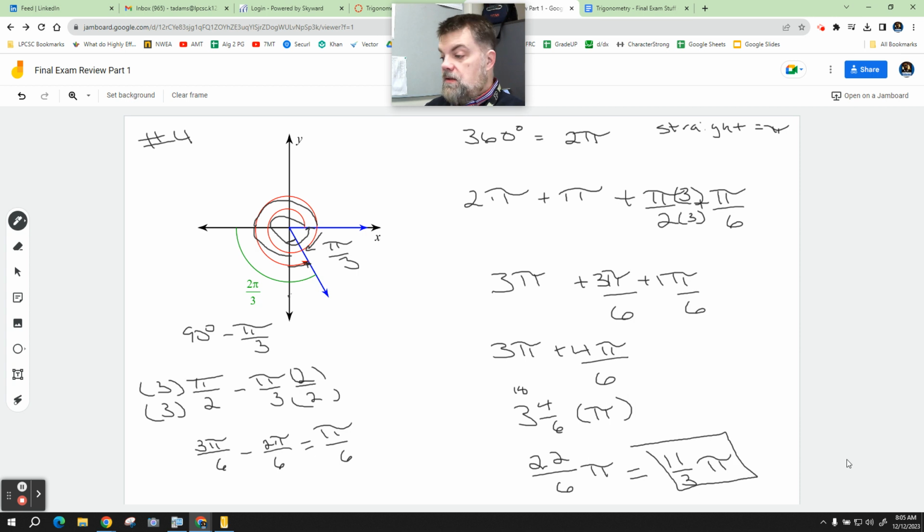Yes? Can I put it into degrees? Is that okay? Well, the answer was supposed to be written in radians. So, yeah, you could do it that way. Let's say you just transferred everything over to degrees and then converted it to radians. That's fine, too. But the final answer has to be 11 pi over 3.